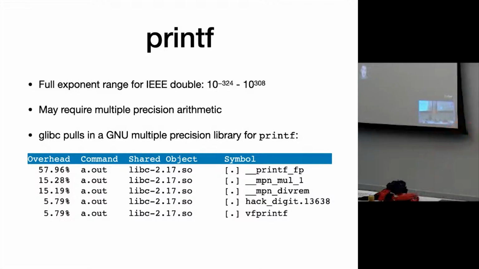So we caught it in action. It uses multi-precision in glibc, these parts of it. I particularly like this function called hack digit. Something really fancy going on, and we have a hack_digit function in here. So it looks like it uses something like Dragon maybe.